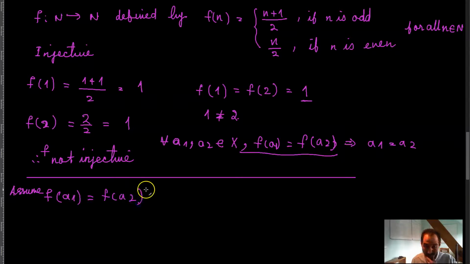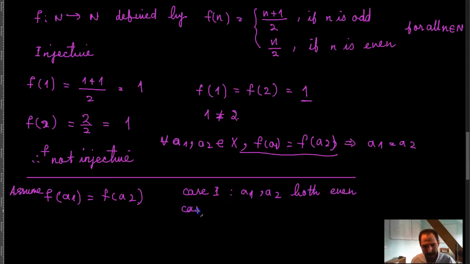Okay? If that is the case, then there are a couple of different cases. So a1 and a2 basically represent the different inputs of the function. So the inputs of the function could be even or odd. There is case 1 where a1 and a2 are both, for example, even.